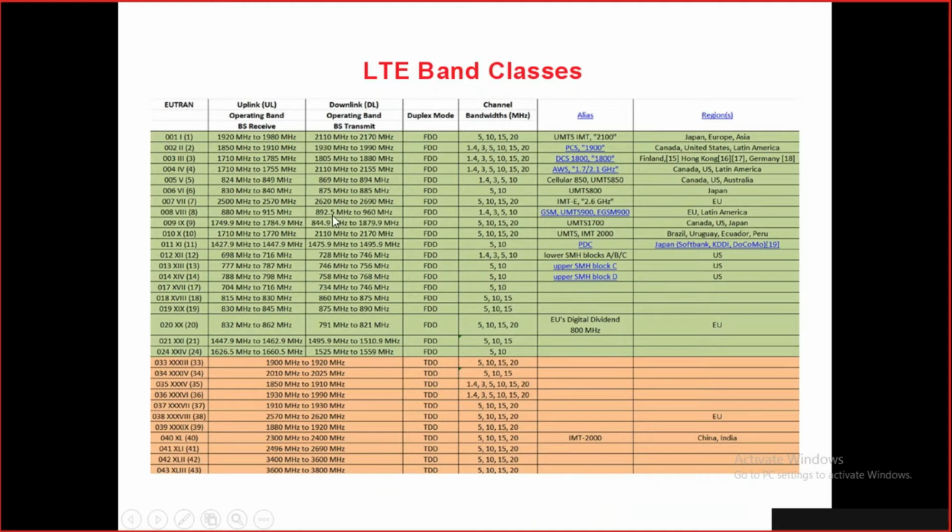The respective frequency range. There are some frequencies earmarked by 3GPP as FDD, and some earmarked as TDD. Based on this recommendation, all the mobile manufacturers make their mobiles capable of certain frequencies.